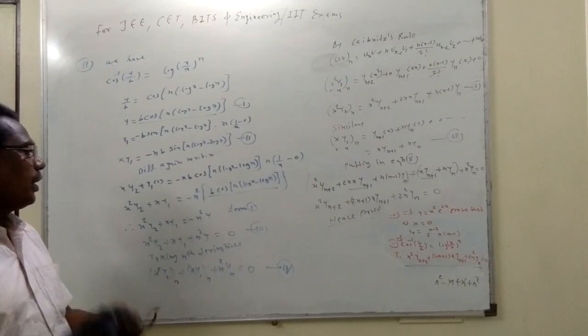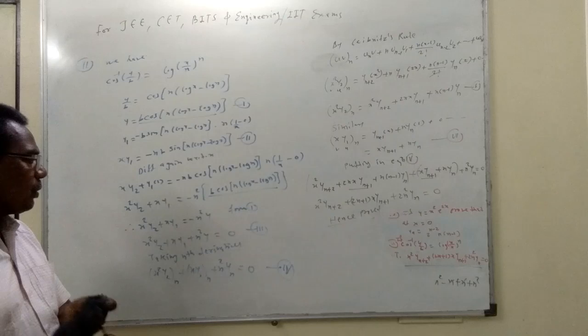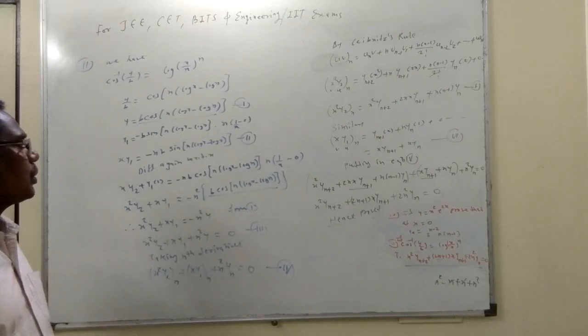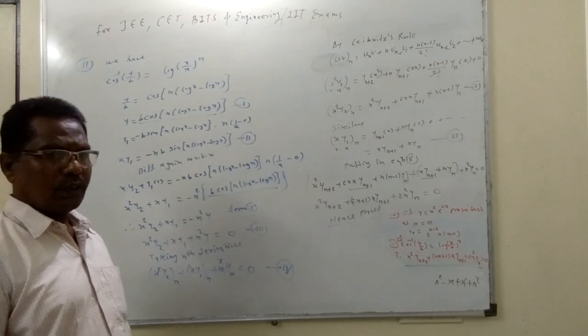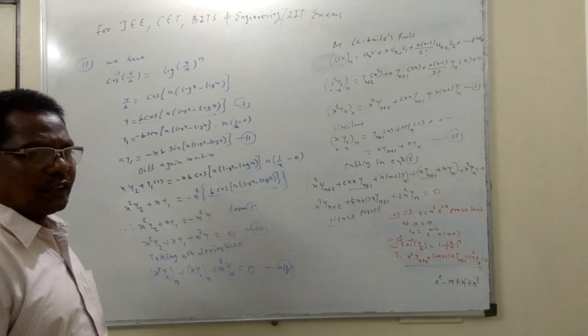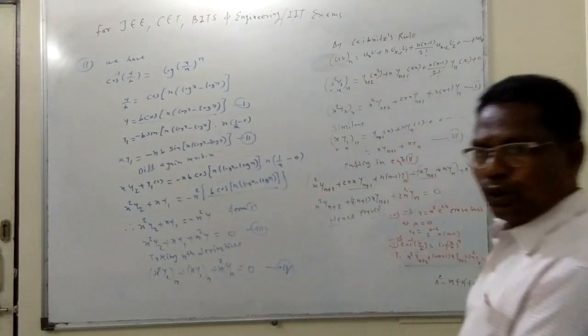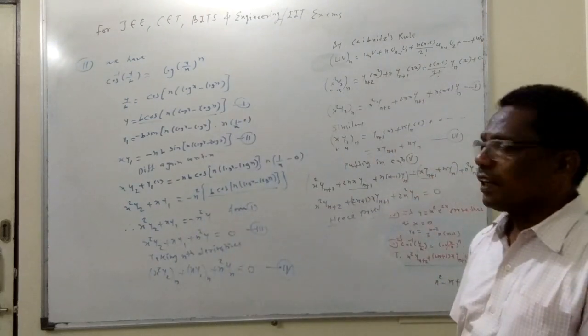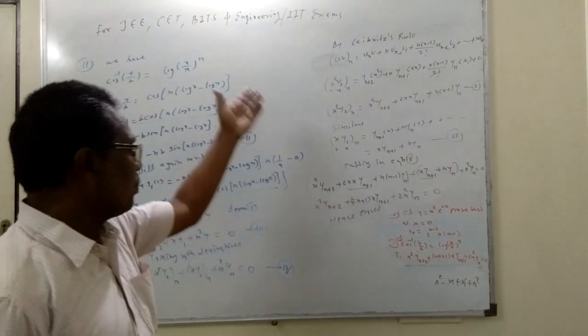I have taken nth derivatives. This is very much useful for JEE exams, all competitive exams, BEATS etc. Also for degree engineering exams, all the sides, civil, mechanical, electronics, electrical. Also, even though you will go to the IIT, there also you will need to solve the examples by these methods.